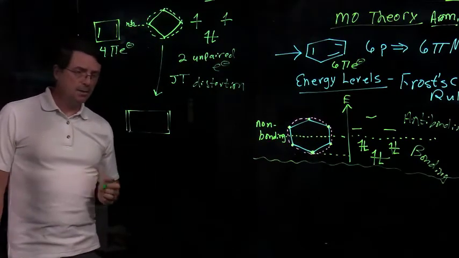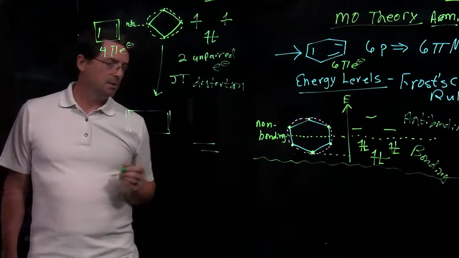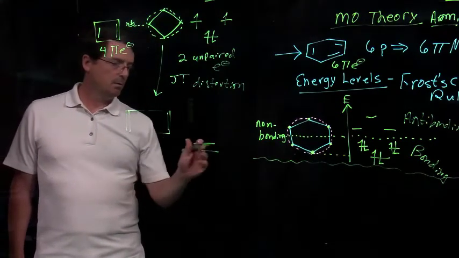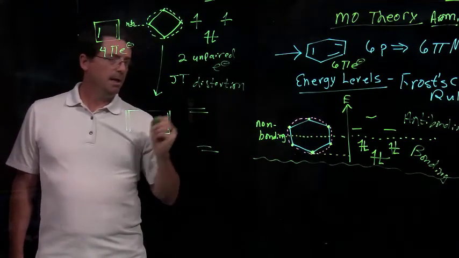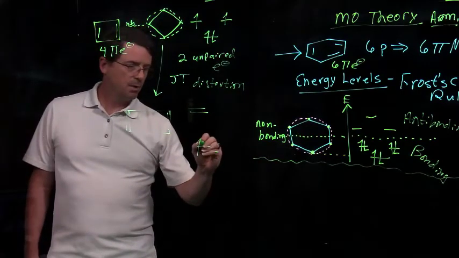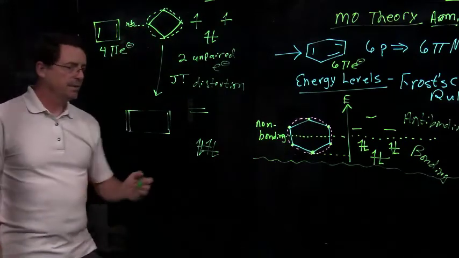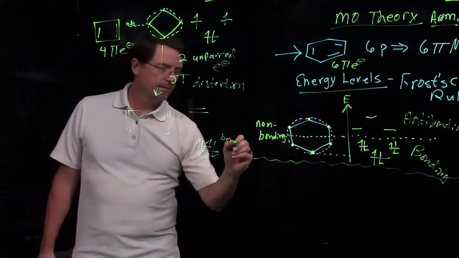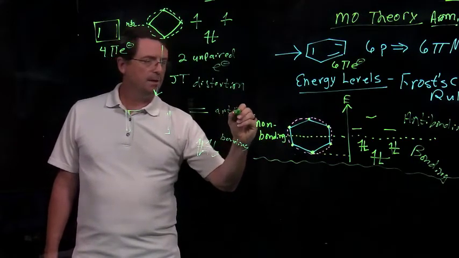This distorts, as I told you earlier, into a rectangle, and now the electronic configuration is I have 2 bonding orbitals and 2 anti-bonding orbitals. And so when I put my 4 electrons in here, I fill the bonding and I don't have anything in the anti-bonding.